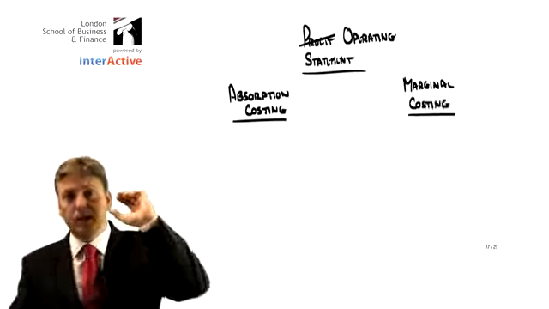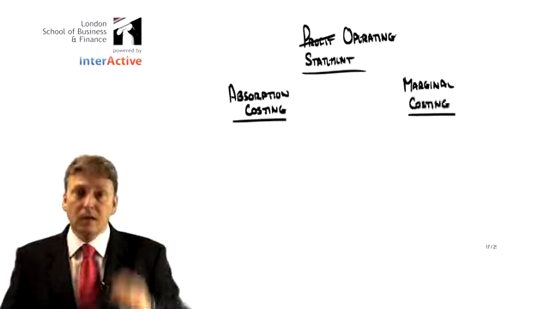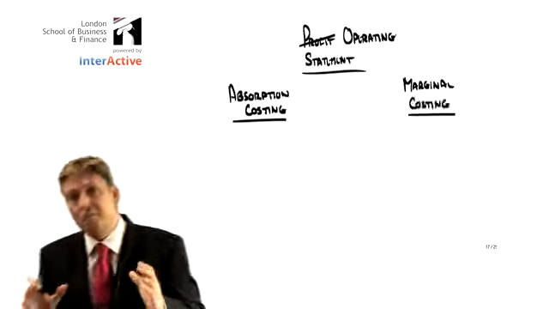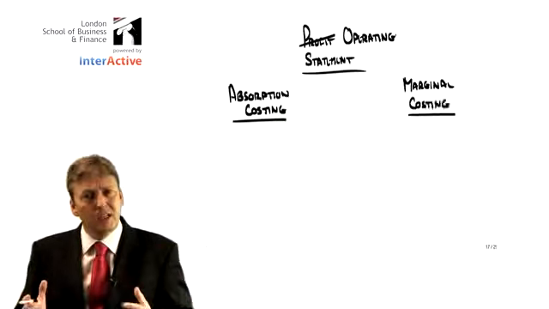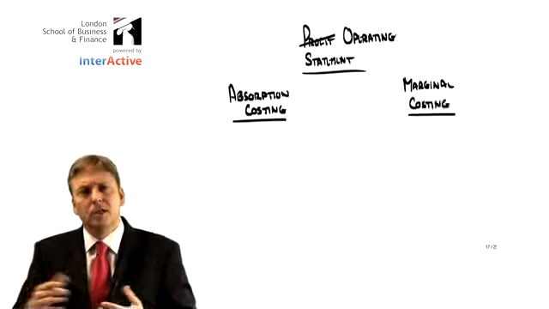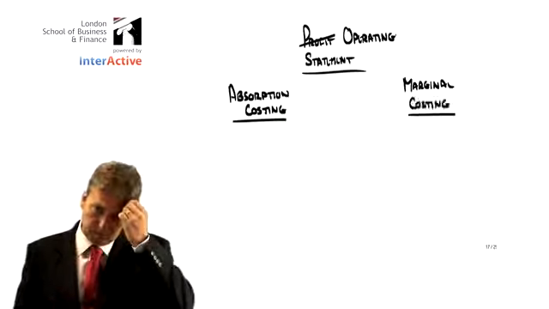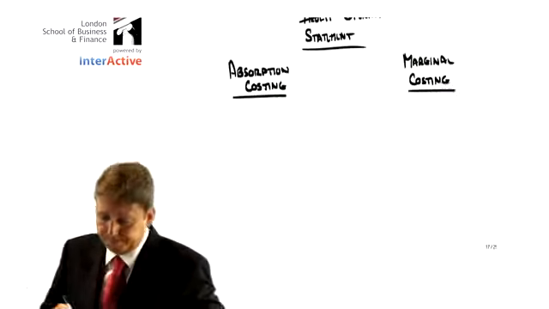And the difference between the budgeted profit and the actual profit will be the sum of all the variances. There's an element of magic here, but don't worry about it. At this level, it's very difficult for the examiner to get you to do anything more than the simplest possible reconciliation.